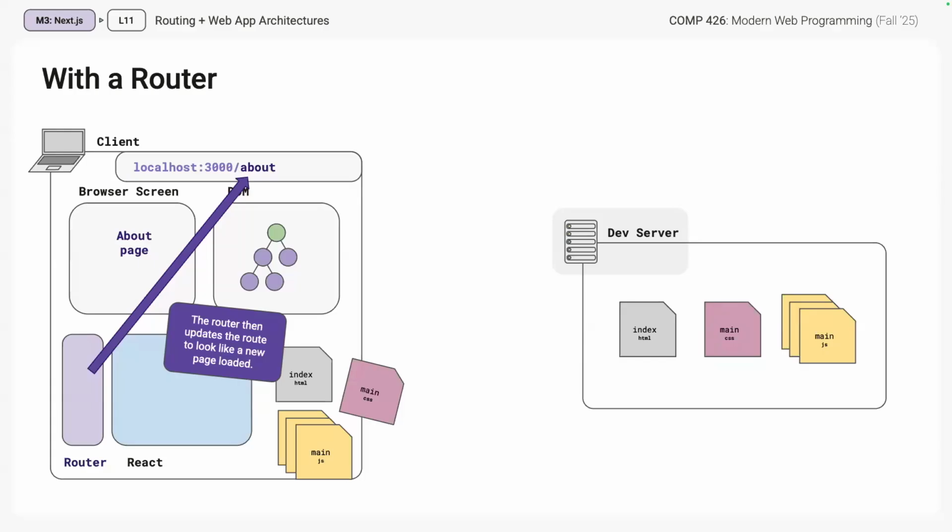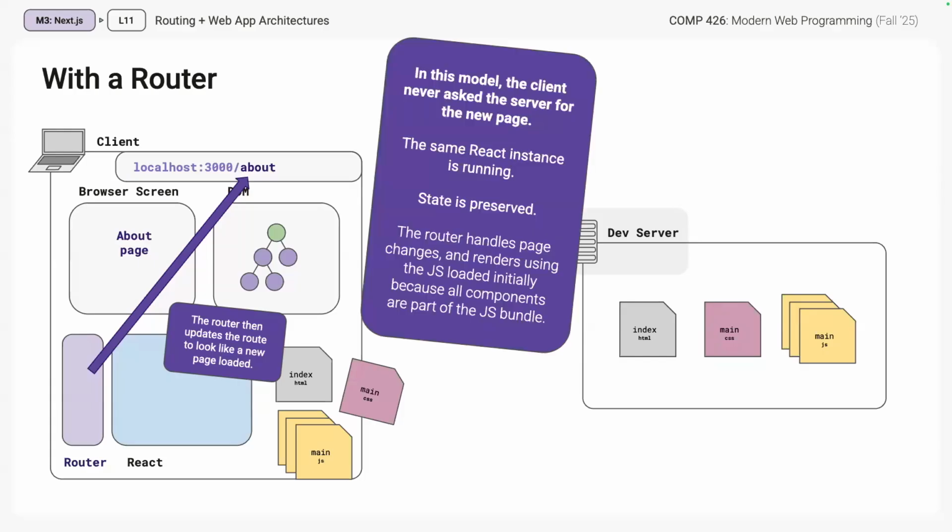Yeah. Good question. So we're getting into this. The main difference here is that in this process of using a router, the React instance and all of our JavaScript code, we never have to reload it. The same JavaScript that we had before is still loaded by our client. We never have to make another network request, which is a slow process, right?